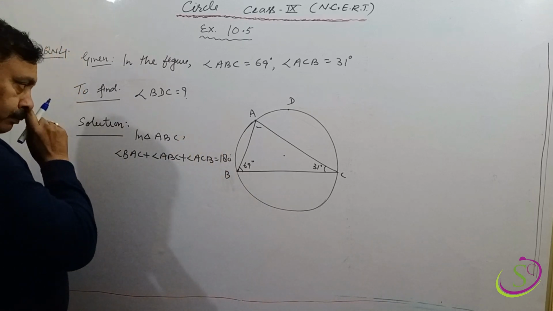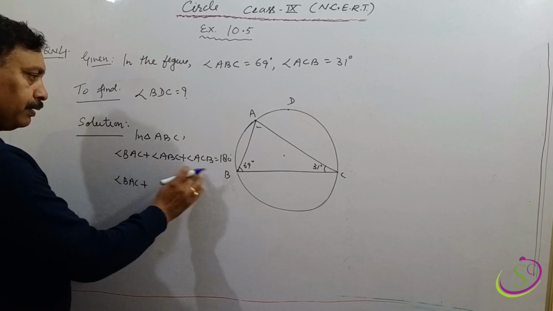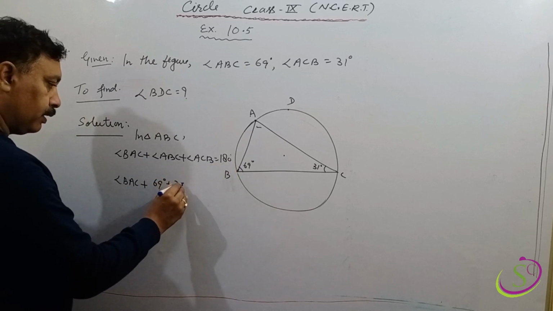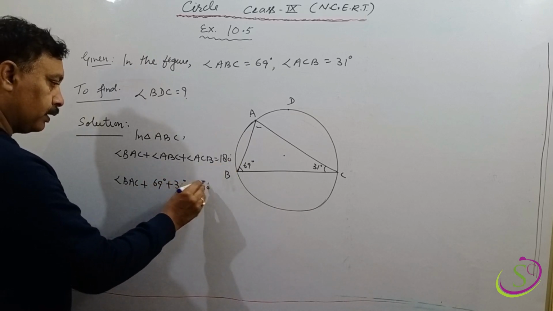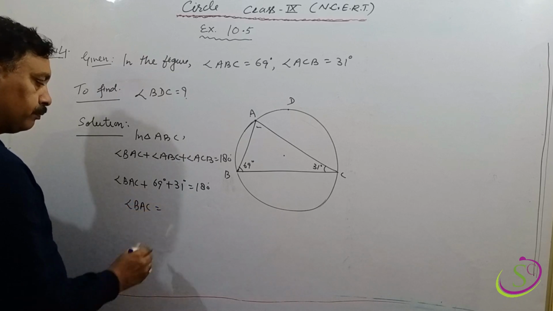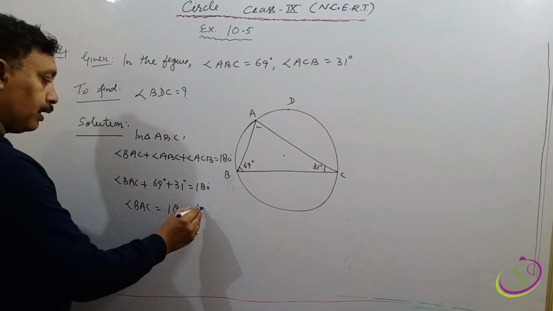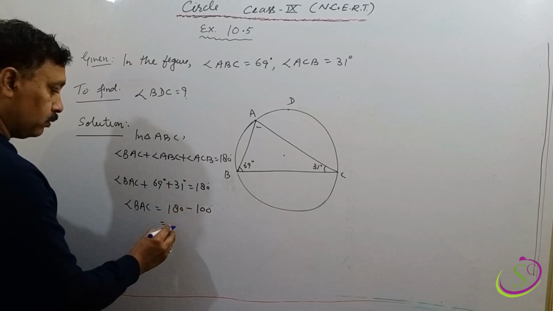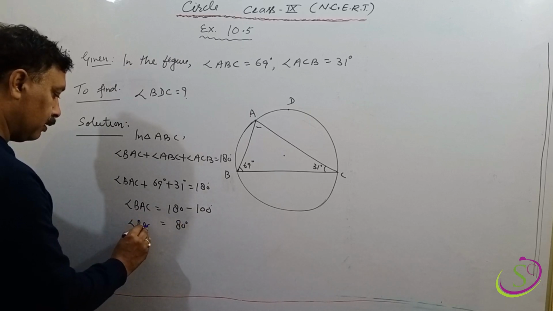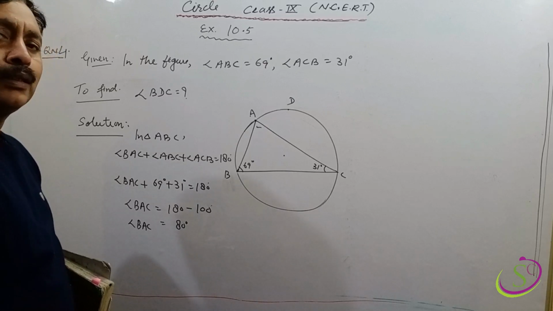So BAC we don't know, and angle ABC is 69 plus 31 degree equal to 180. So angle BAC equal to 180 minus the sum of these two. Okay, so it will be 80 degree. Means angle BAC is of 80 degree. Clear?